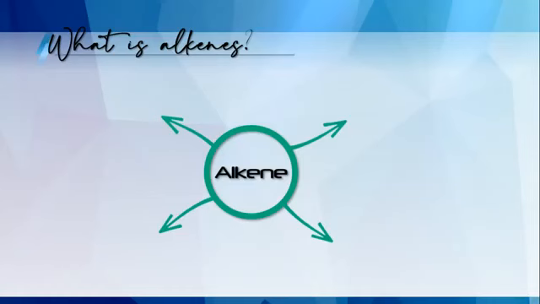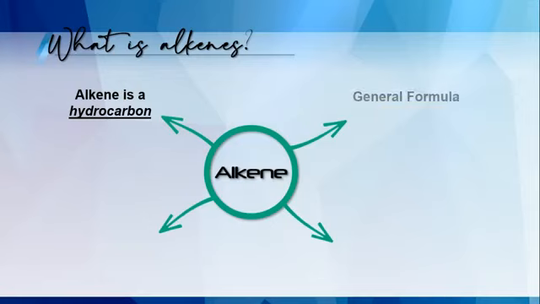A very similar slide to what you saw just now. Can you write down 4 pieces of information related to alkene, similar to what we did for alkane? Okay, correct. So alkene is a hydrocarbon, because alkene consists of carbon and hydrogen only.